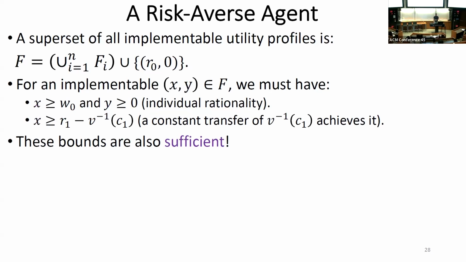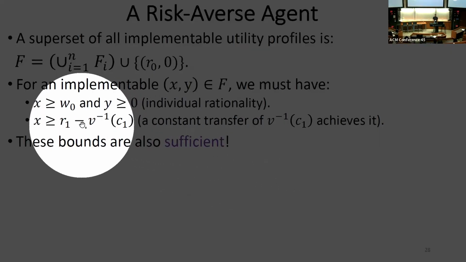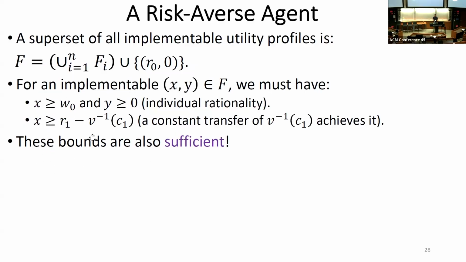This transfer, the inverse function of V evaluated at C1, exactly suffices to cover the cost of the least costly action C1. And therefore, it implements this action. And the corresponding utility of the principal would be her income for action 1 minus this transfer, so she can only do better for the optimal contract. And again, it turns out these bounds are also sufficient.